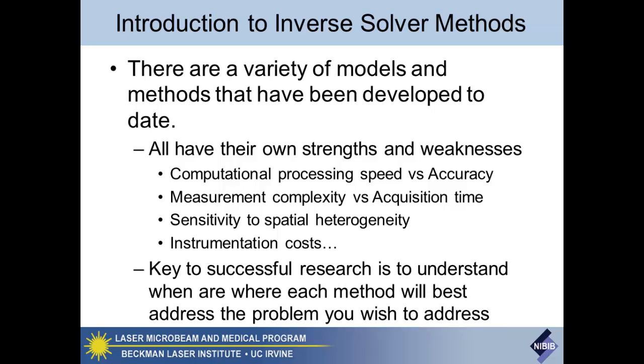And so the key to successful research is to understand when and where each method is best to address the problem that you want to address. So understanding what your options are, what the problem is, and which ones will work best is the basic idea here.